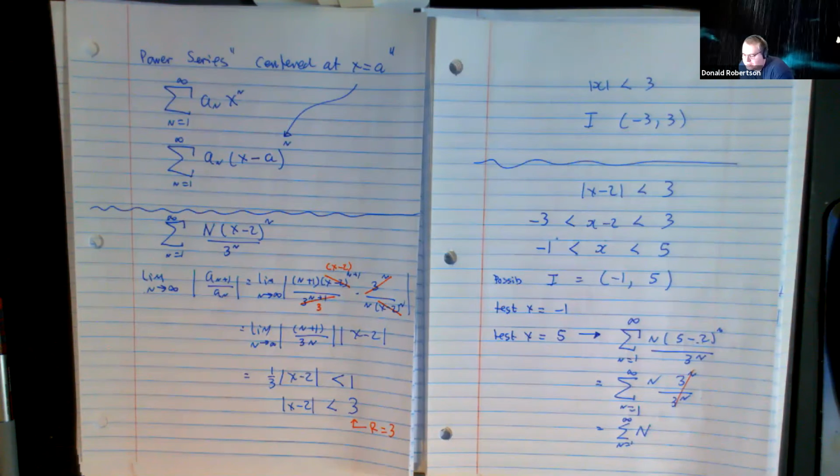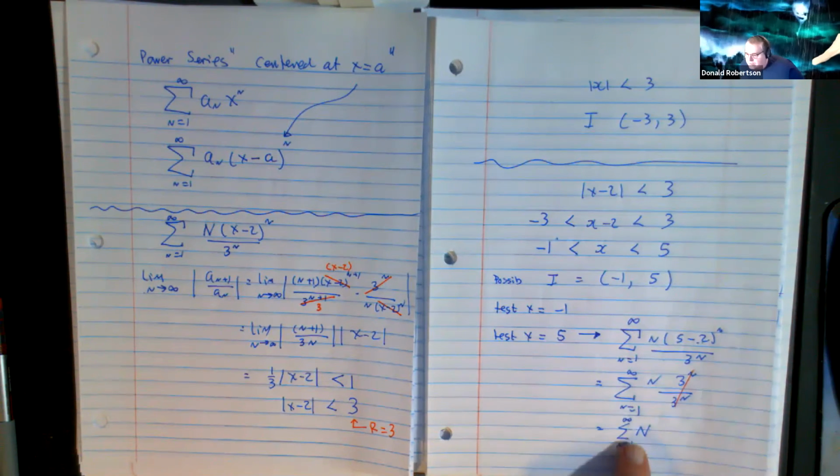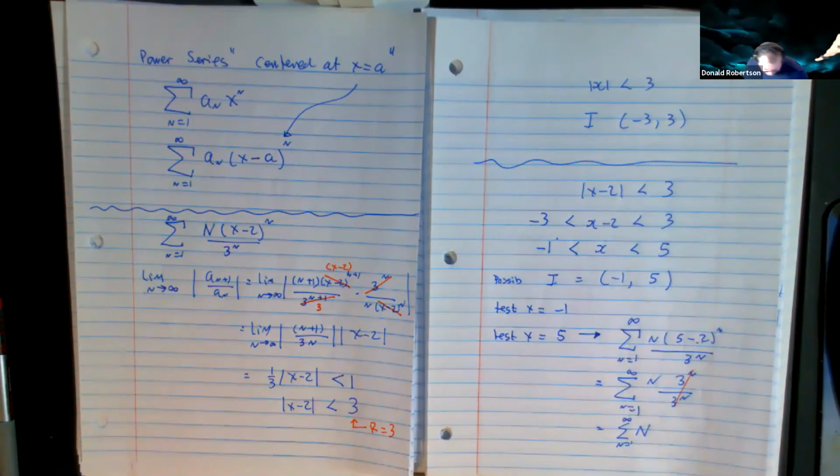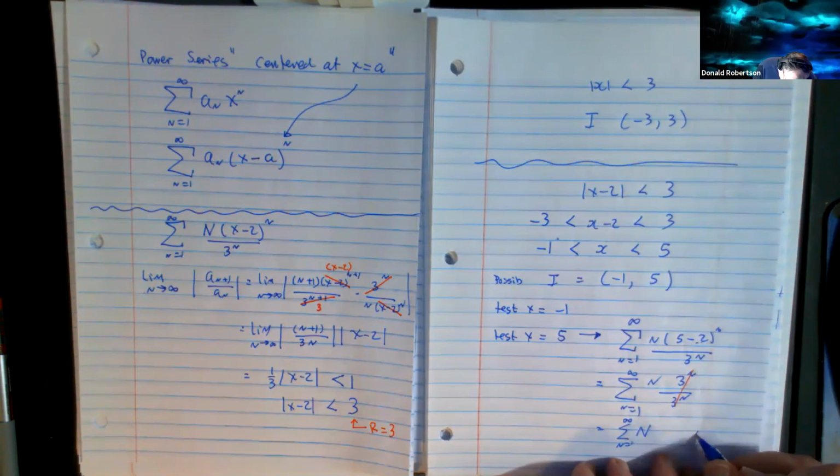Convergent or divergent? Don't overthink it. I think it's pretty obvious what it is. Divergent, right? Isn't that 1 + 2 + 3 forever? Technically, it's the divergence test. It is divergent.